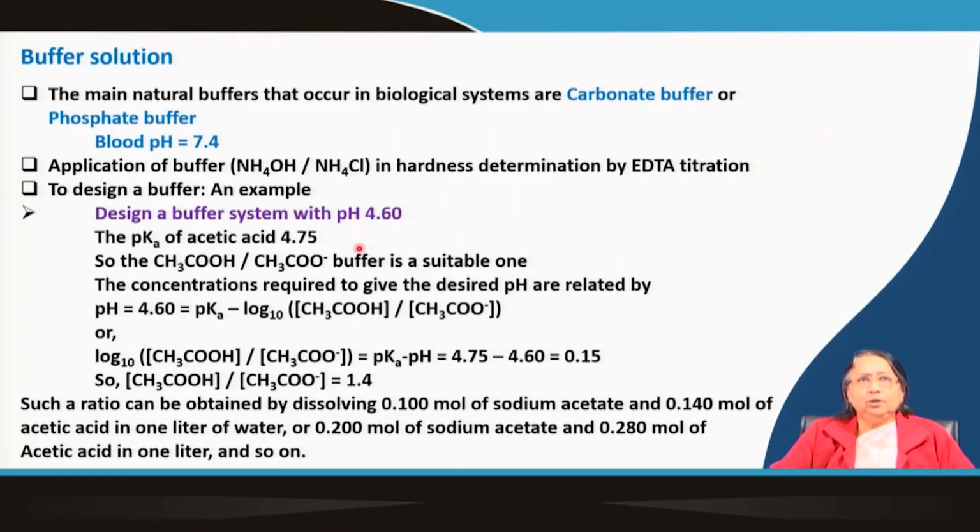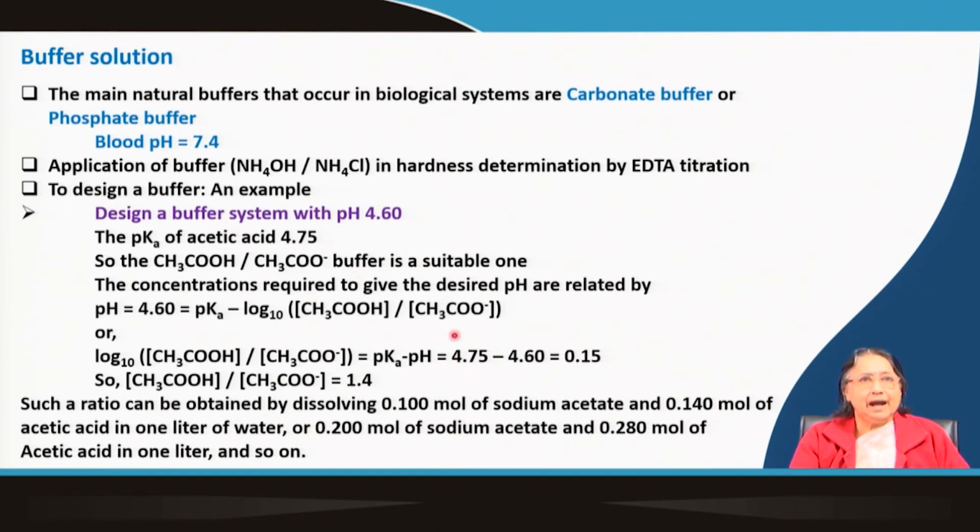So if we go plus 1 or minus 1 of this 4.75 value, 4.6 will remain in this range, is it not? So, we can tell that this buffer is suitable for our purpose. Now, we know the pKa value, but what should be the acid and salt ratio, that we have to decide.